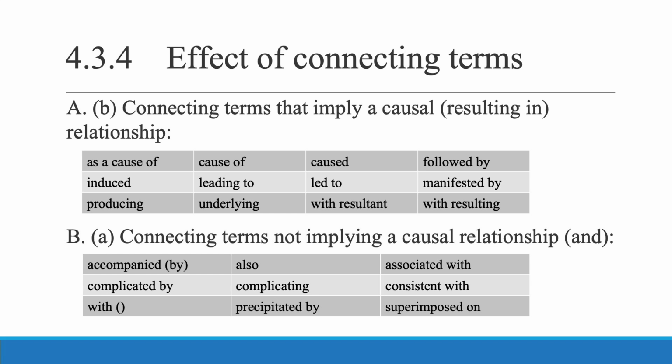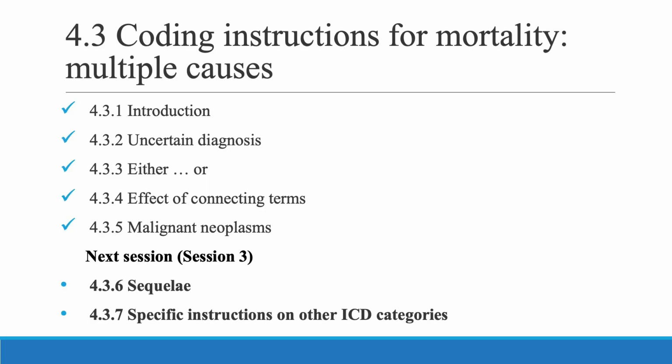And here is a short list of connecting terms that imply a causal relationship as the other one, resulting in, as well as a short list of connecting terms that do not imply a causal relationship as discussed at subsection 4.3.4b, A and B. This brings us to the end of this session, the second of 3, looking at ICD-10 Volume 2, Section 4.3, Coding Instructions for Mortality, Multiple Causes, specifically the effect of connecting terms.